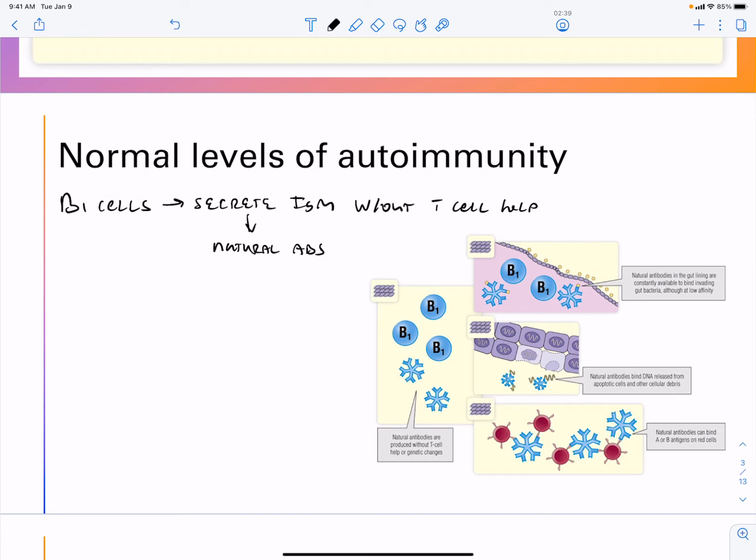And these natural antibodies are going to be important for protecting against a lot of different microbes that we're exposed to that aren't really virulent. So they are going to have no help, so no hypermutation, and no memory.